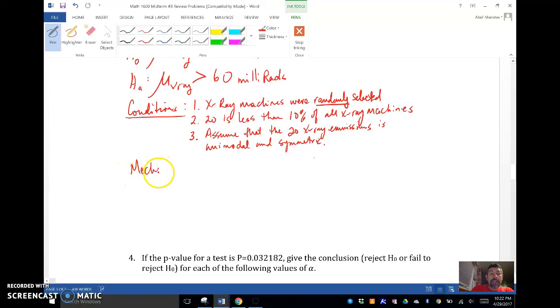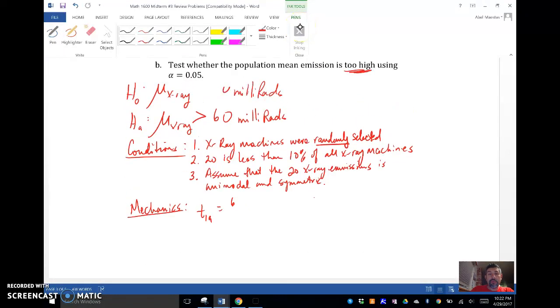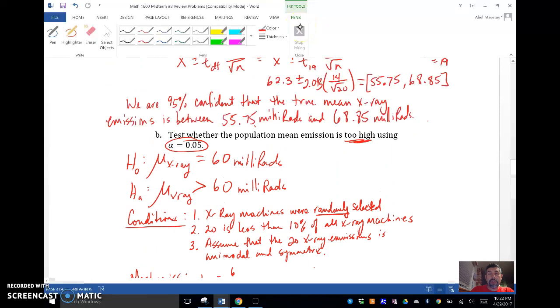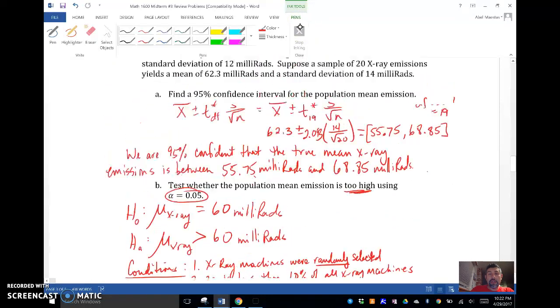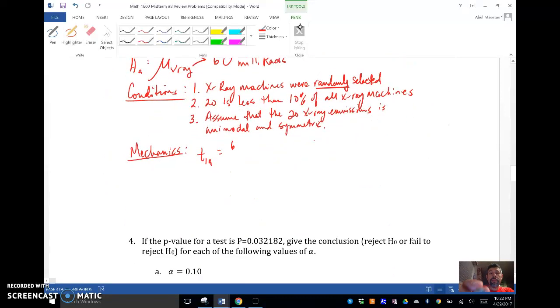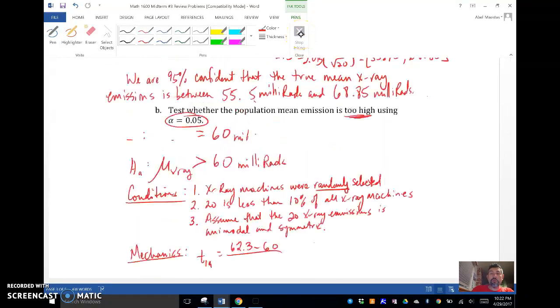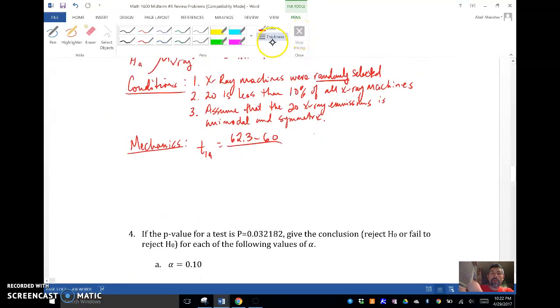So then we're going to do our mechanics. Our mechanics are just like our mechanics for the Z, except we're using a T with 19 degrees of freedom. We're going to do 62.3 minus 60 over the standard deviation over square root of n, so 14 over root 20.